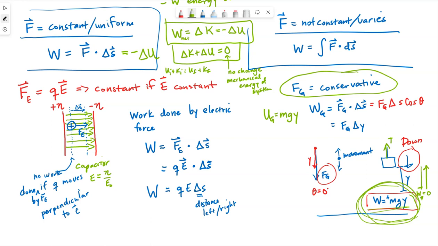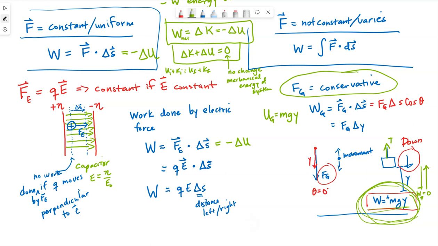It turns out that electric forces are also conservative, meaning the work done by our electric force can equal a negative change in potential energy. So as opposed to talking about the work done, we could talk about how the potential energy is changing and then relate that to a change in kinetic energy if we wanted to.